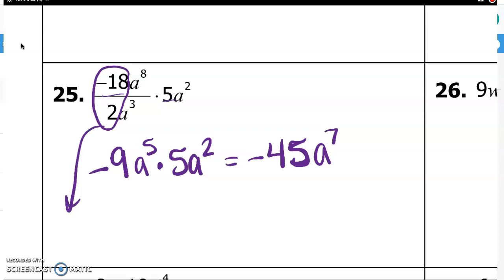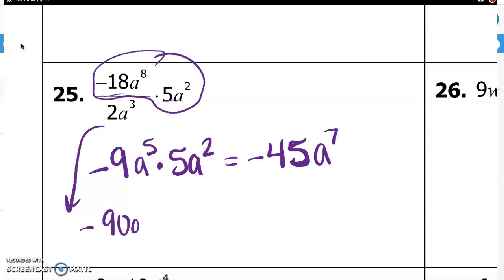So again, this is if you did not divide first. You actually multiplied first, which is fine. So you would get negative 90 a to the 10th when you add those over 2a to the 3rd. And then you divide. Negative 90 divided by 2 gives you your negative 45, and then subtract to get a to the 7th. So whichever way you feel more comfortable with is up to you.